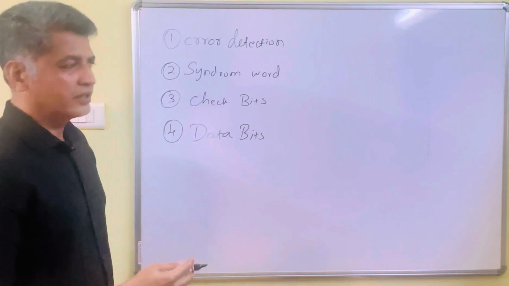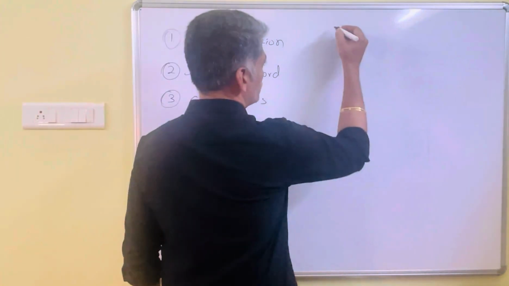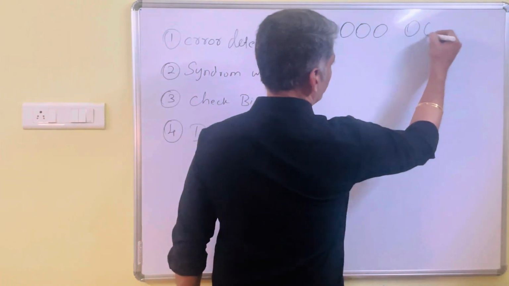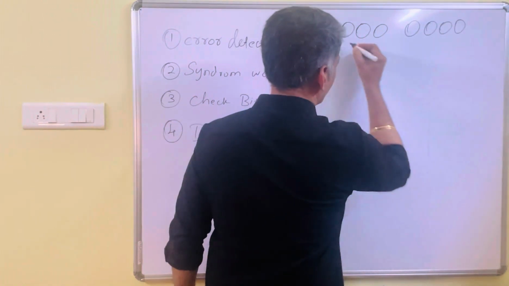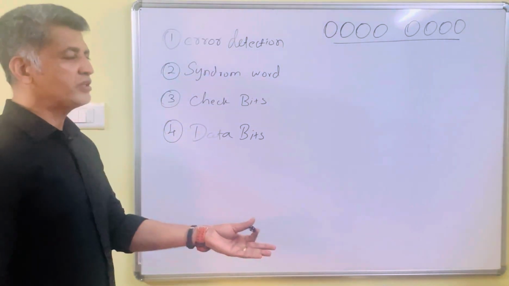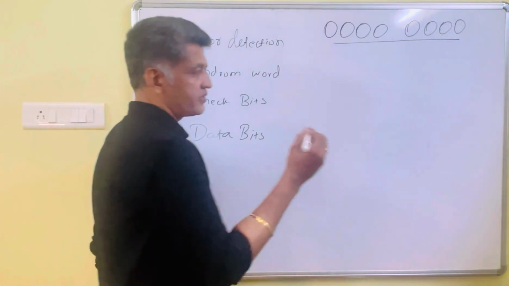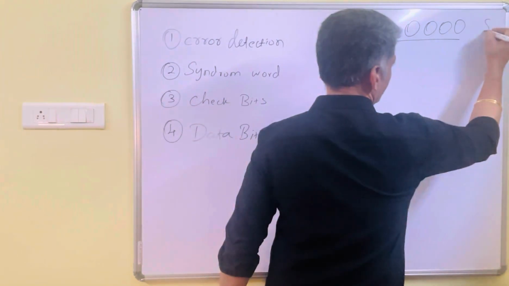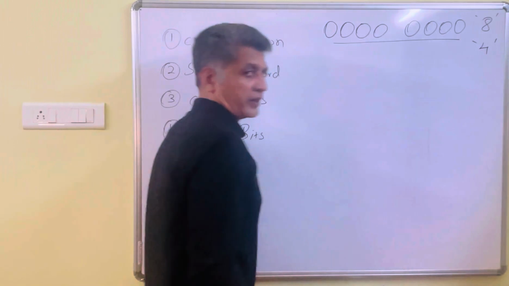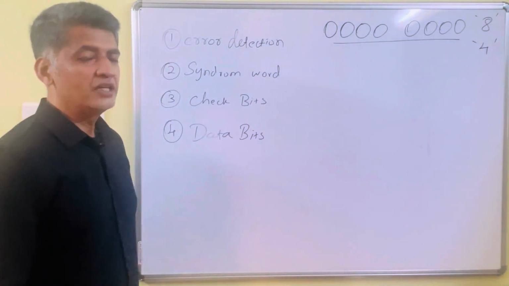Here I'm going to take an example of 8-bit data. In the previous calculation, I said that if the data bit size is 8, you should have 4 check bits.